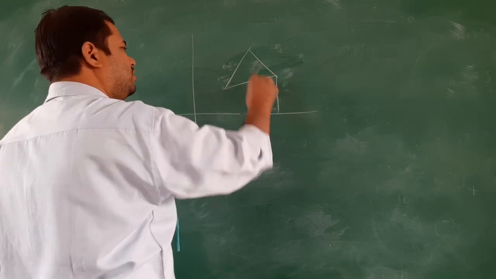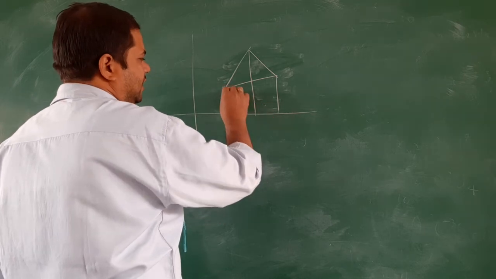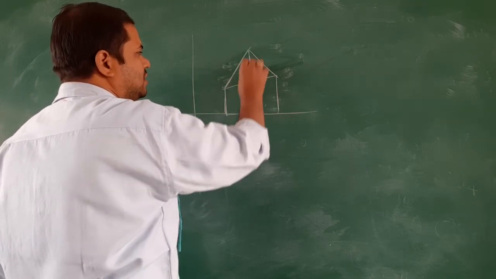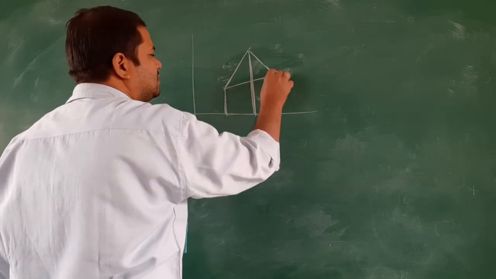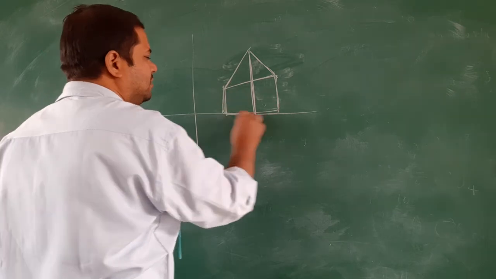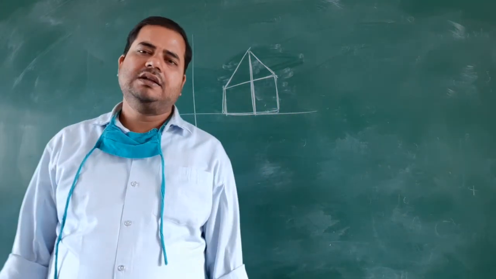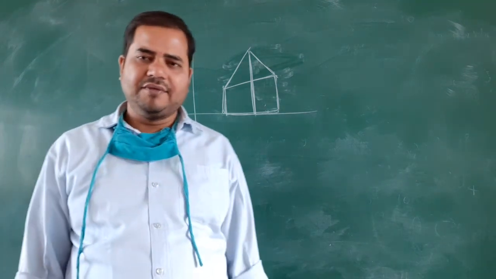So you just draw the perpendicular over here and see the area of this particular trapezium plus area of this particular trapezium minus area of this trapezium. This is the only concept to find the area of a triangle whose vertices are given.